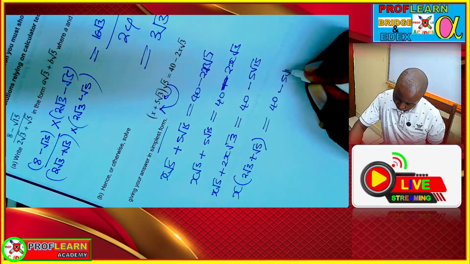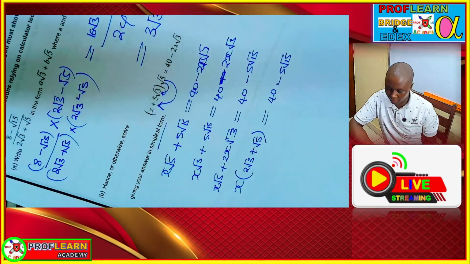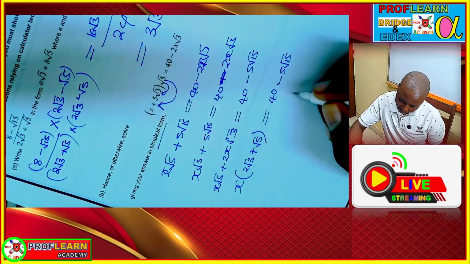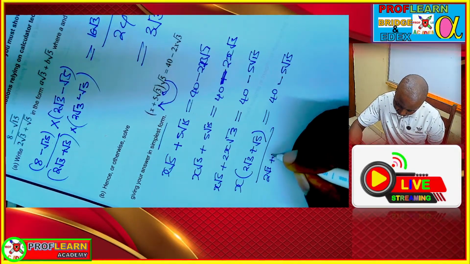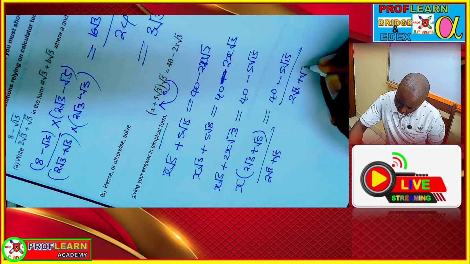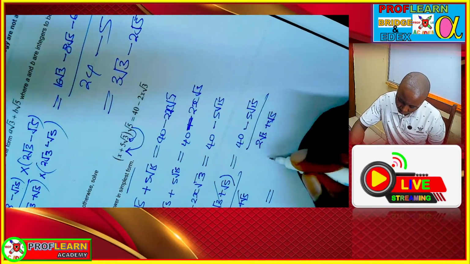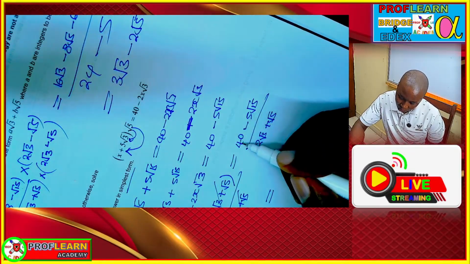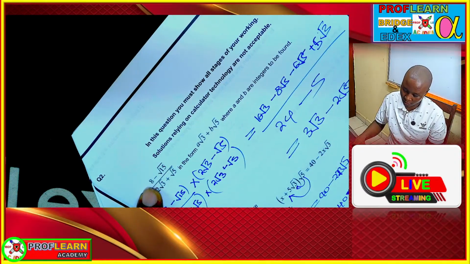minus 5 root 15. So these are the kind of questions that you'll be doing in surd form, and divide by 2 root 3 plus root 5, divide by 2 root 3 plus root 5. So this cancels. You can see our x is going to be equals to, you can see this is 40, but the initial equation here we were having 8.